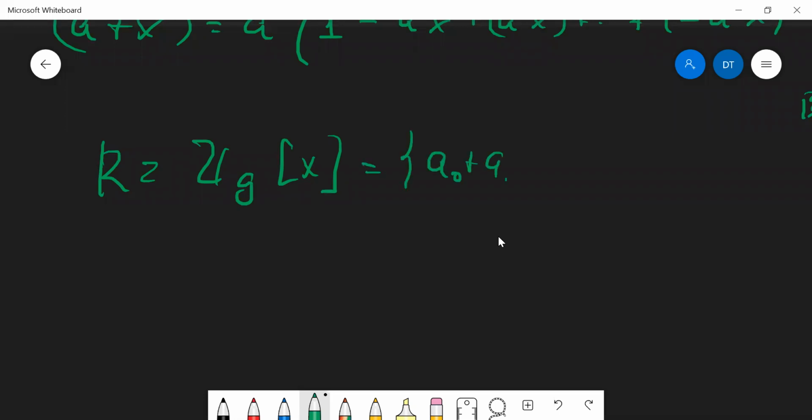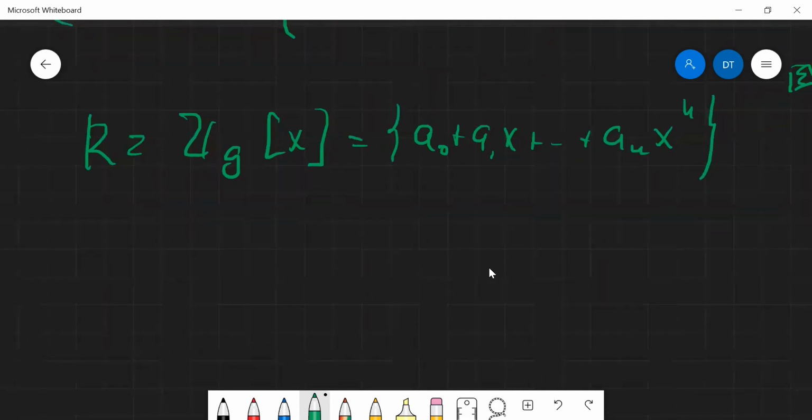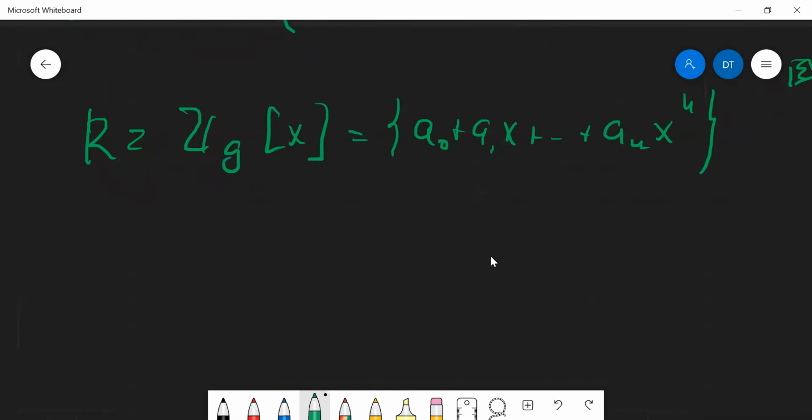Polynomials are these expressions. Two polynomials are the same if and only if their coefficients are the same. Polynomials are not functions, but you can still multiply them by the usual rules. If you want to compute something like this, you just use the usual rules.